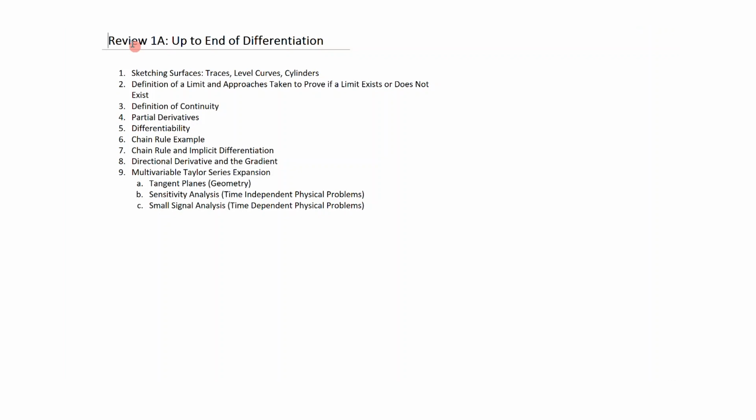And we looked at the application of all the information that we had obtained up to that point, in particular multivariable Taylor series expansion. In first year, we dealt with Taylor expansion of single variable functions, and here we extended to multivariable functions.